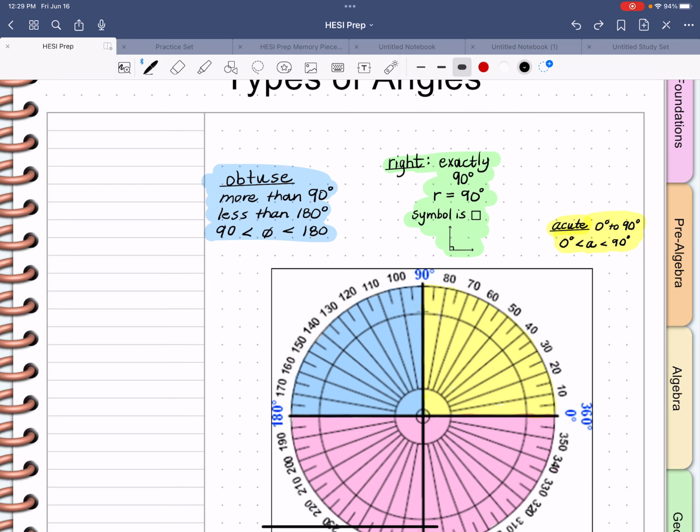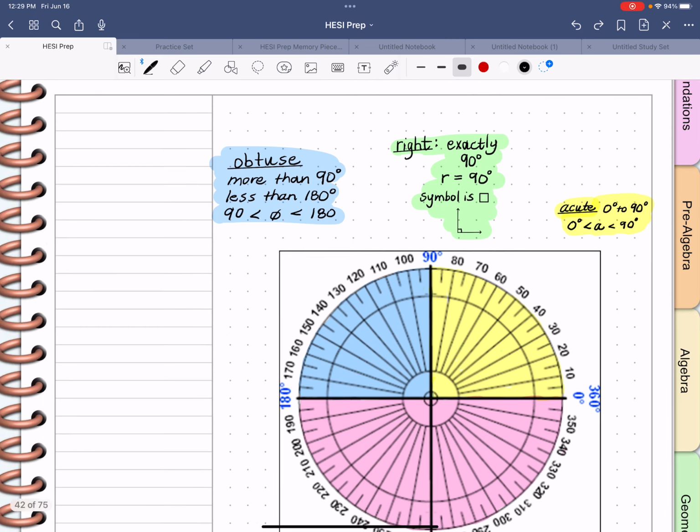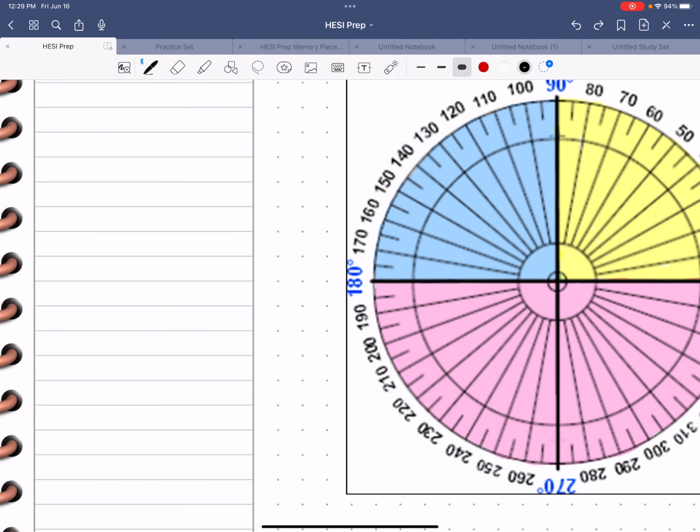Okay, once you get to 180, you are no longer in the obtuse range. 180 degrees exactly is called a straight angle. So right is exactly 90. A straight angle is exactly 180.